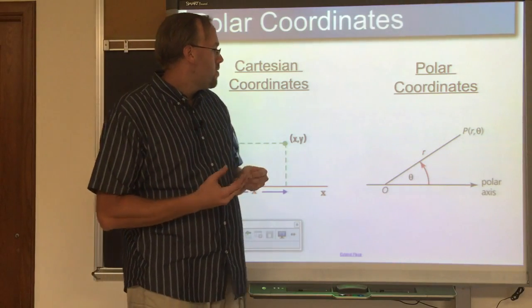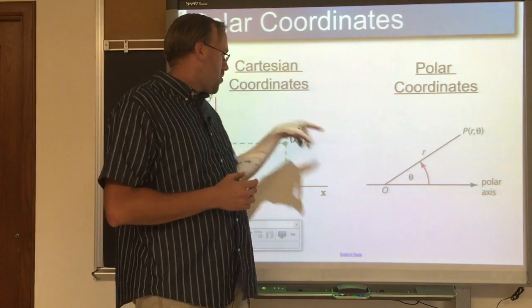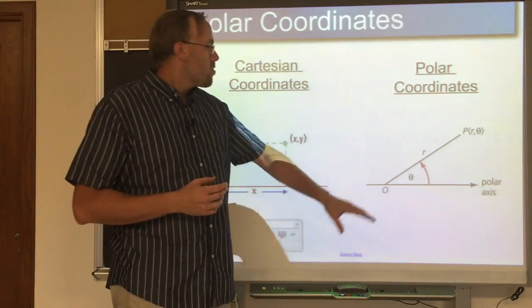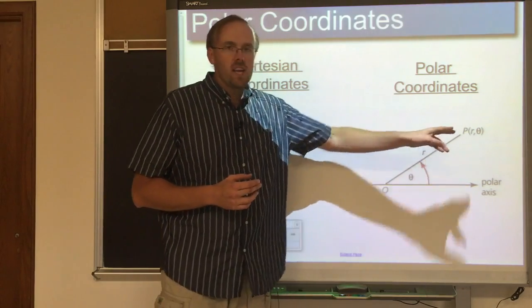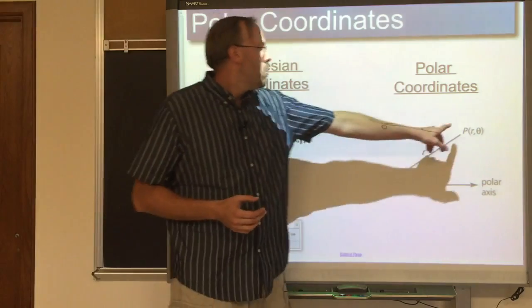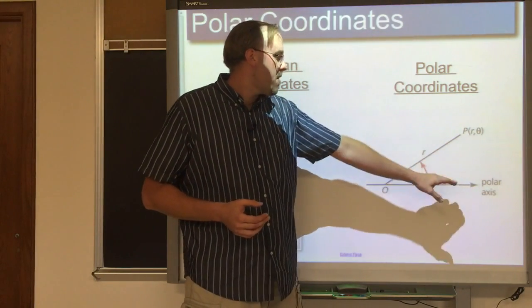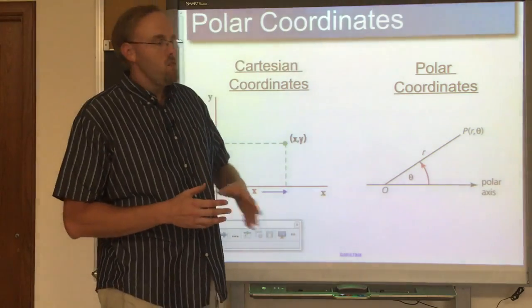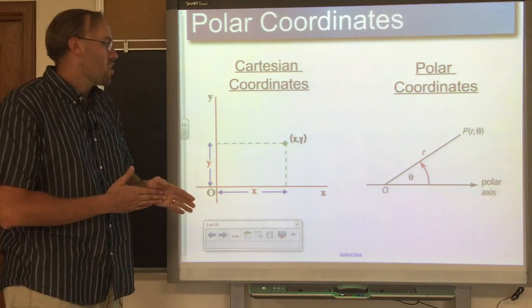And then, well, just that isn't enough because we could be going that distance over here, over here, over here. So what we also have is the angle. What is the angle that we're heading at as we go to that point? So we have r, that is the distance from the origin to the point, and then theta, that is the angle from the positive x-axis, or the polar axis as they call it.